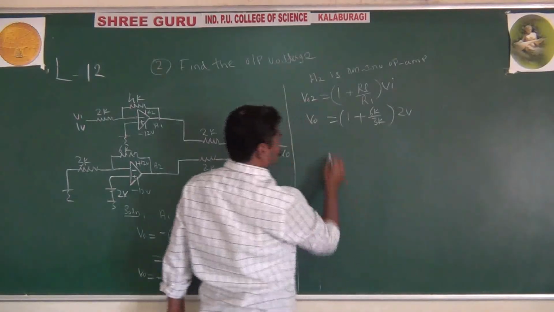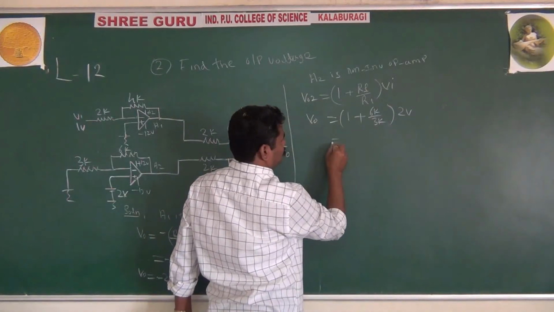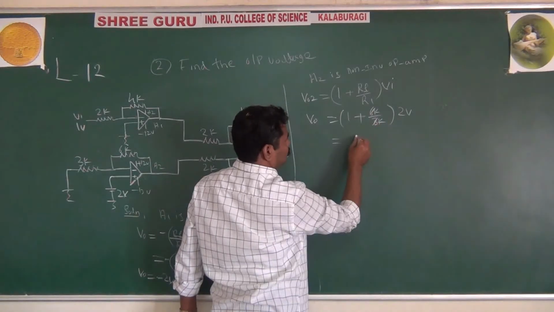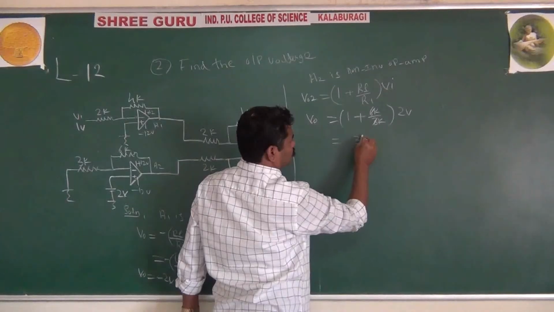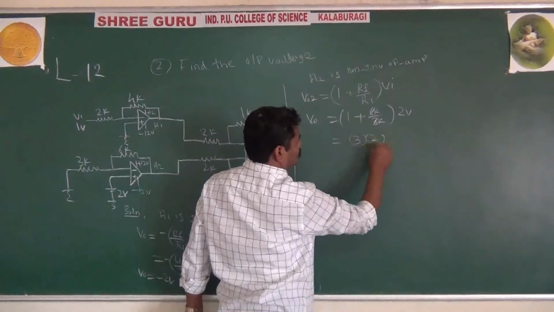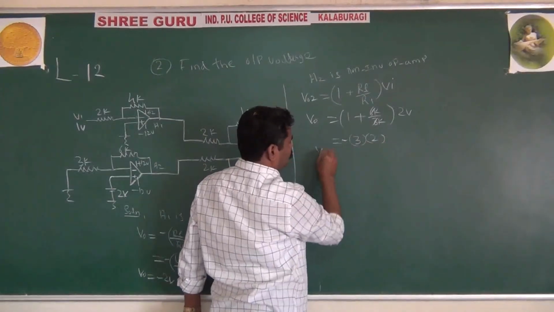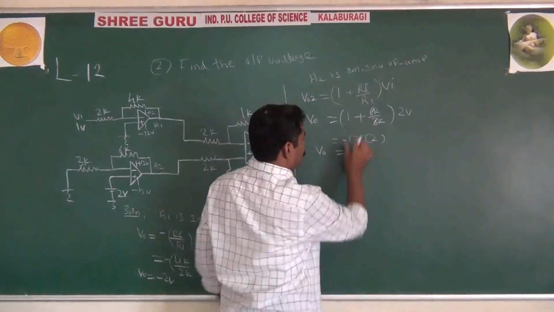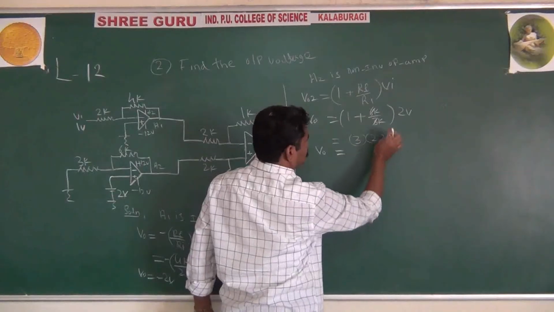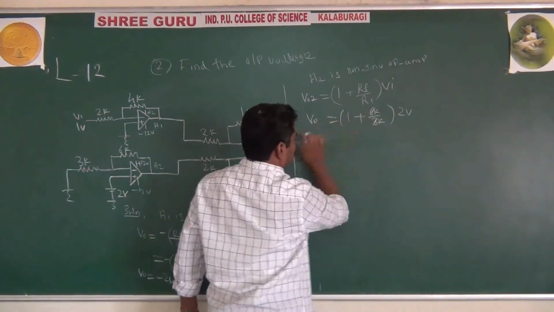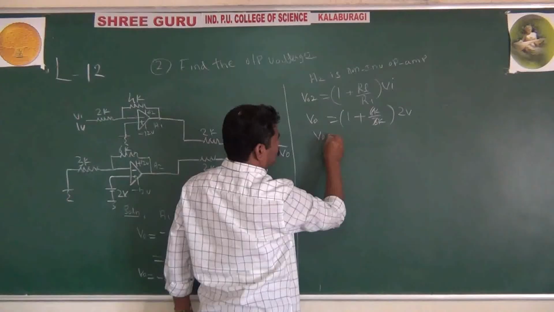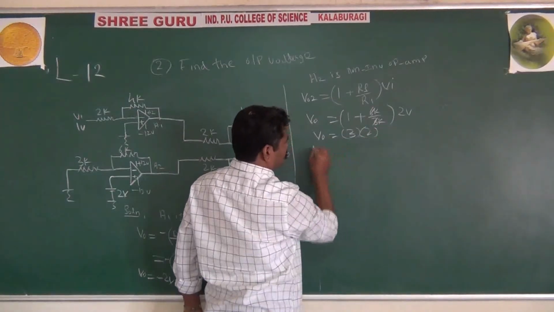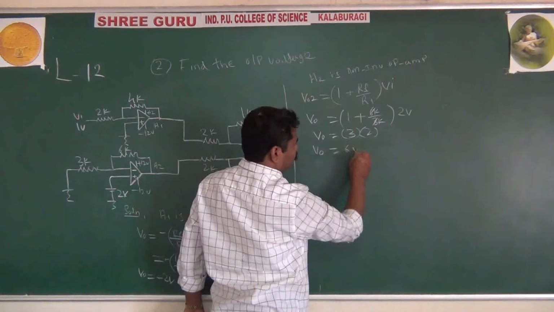You can simplify it, and you get V02 equal to 3 into 2, that is V02 equal to 6 volts.